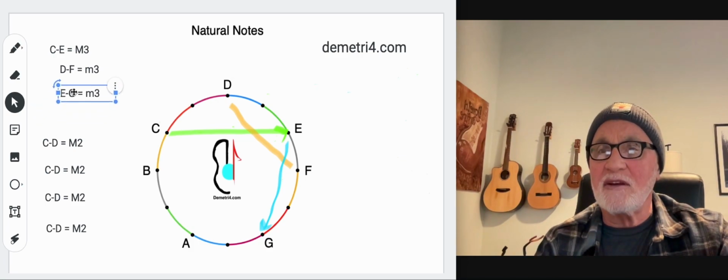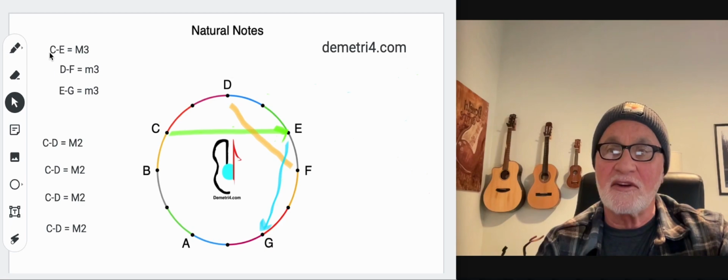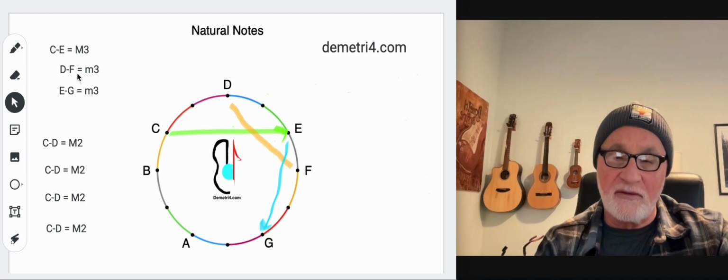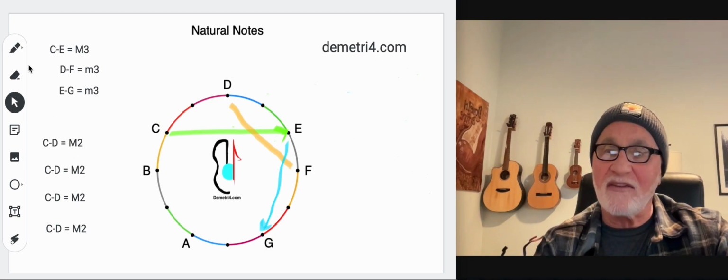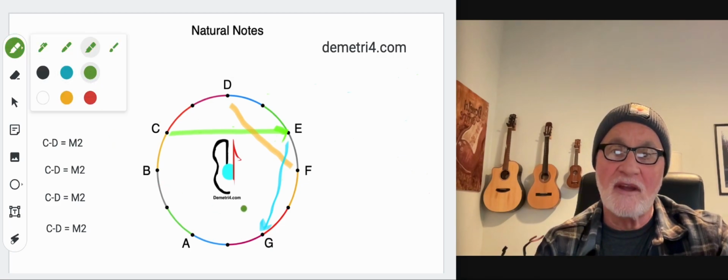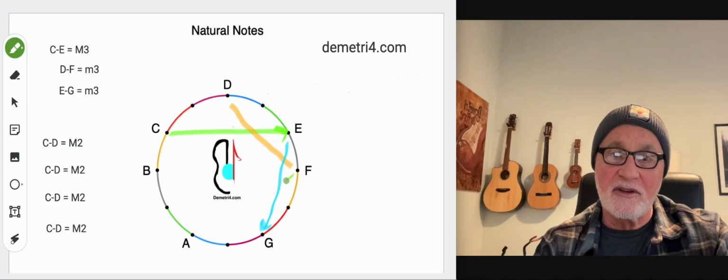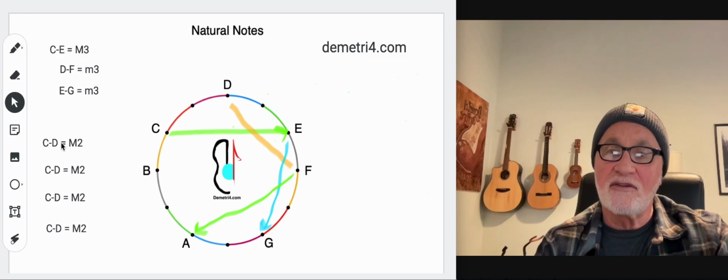So it's the same as D to F and different from C to E. C to E is 4 dots, D to F 3 dots, E to G 3 dots. Okay, let's move on to F. F to A, you can see it's a little bit farther on the circle, and you are right, that one is a major third. 4 dots.